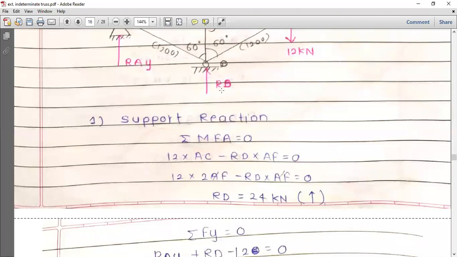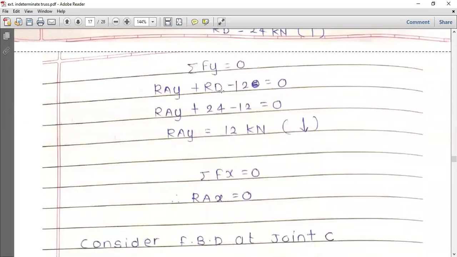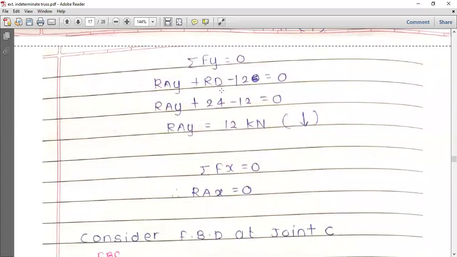Next, apply summation Fy equal to 0 to that diagram, and you will get reaction RAY. You are getting reaction RAY negative, which means the assumed direction is wrong. RAY we had assumed upward. Now we are getting the final answer, that RAY has 12 kilonewton magnitude and it's going in a downward direction.